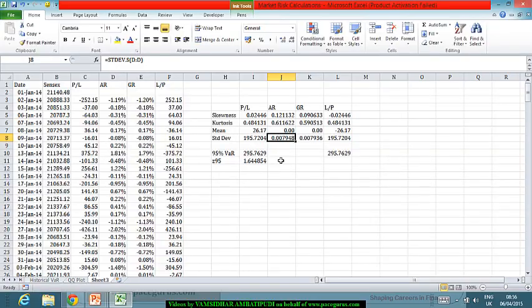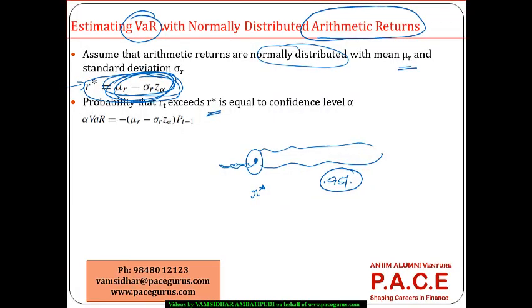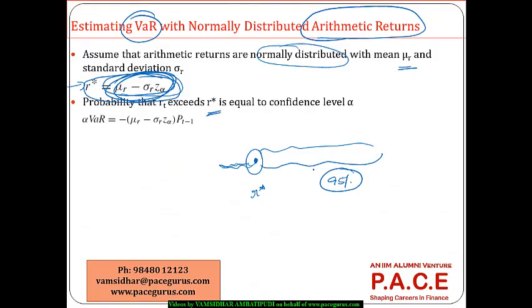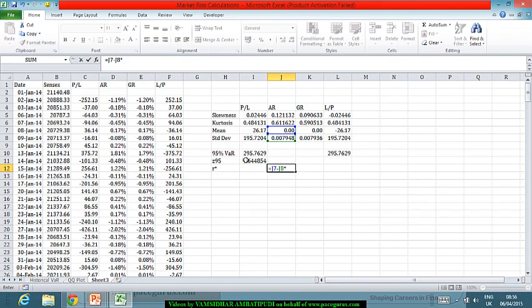Now, how do I find out that particular R, whatever I call R star? In this case, I'll find the mean minus the standard deviation times the Z alpha. Z alpha, I know that this is equivalent to this.